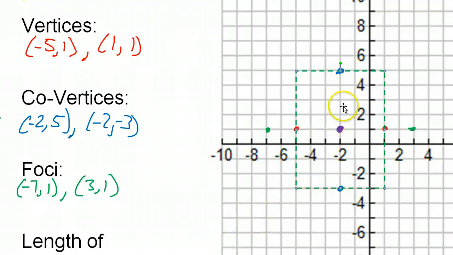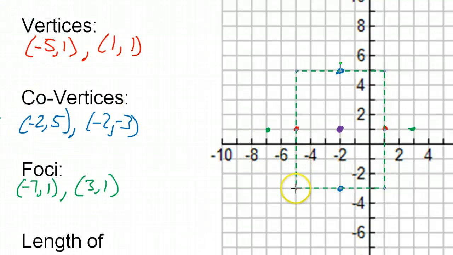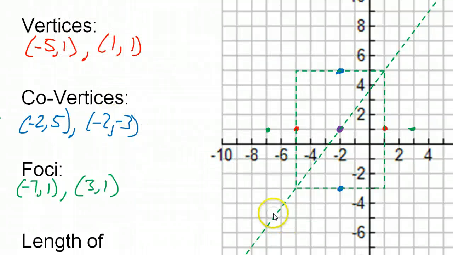The asymptotes are going to be diagonals of this rectangle. So the asymptotes are going to be like this. Let it stretch out a bit when you do it. Okay, so there's one of my asymptotes.